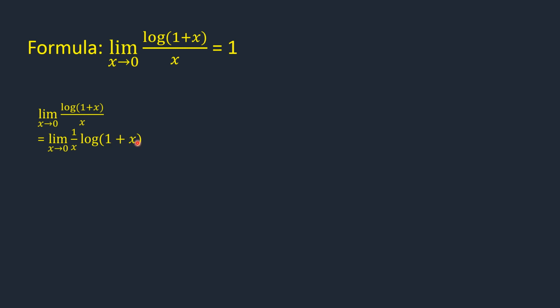Now, according to the log rule, which says n log m equals log m to the power n, the leading coefficient of log, which is n, goes as the power of m. So in the next step, we will write log of one plus x to the power 1 over x.